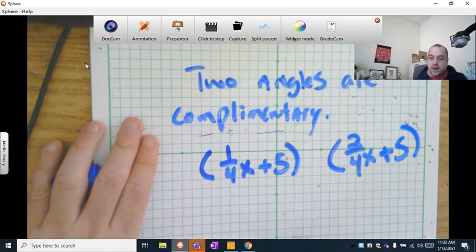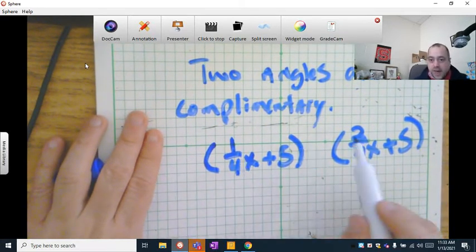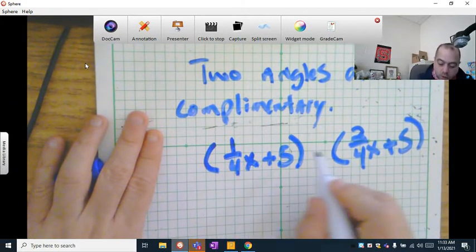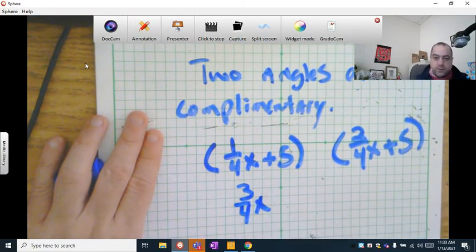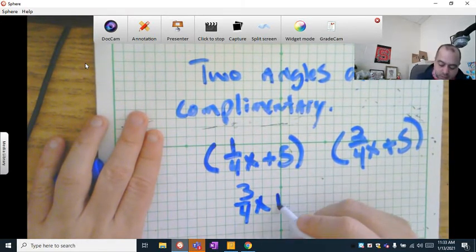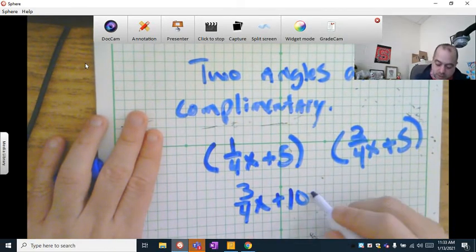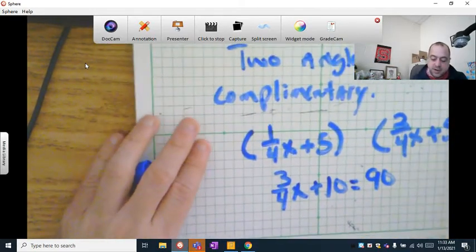All right, so we're going to have to add these together and make them equal to 90. 1/4 x can be added to 2/4 x because they're like terms, remember? 1/4 plus 2/4 is 3/4. 5 plus 5, 10. And what do they equal because they're complementary? 90.